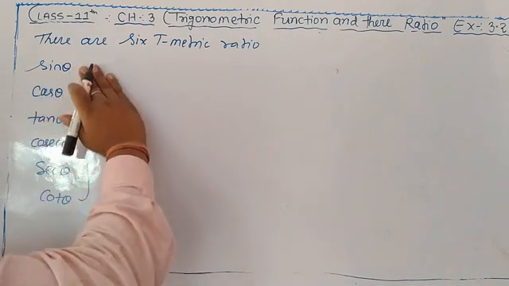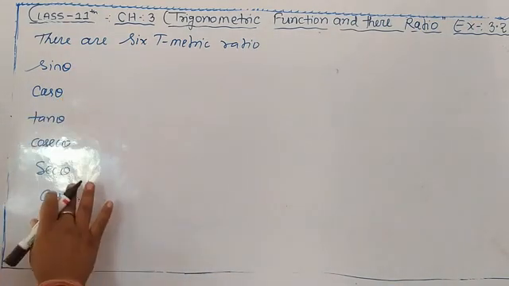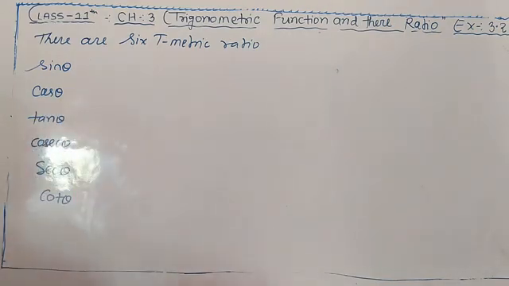Sin theta, cos theta, tan theta, cosec theta, sec theta and cot theta are the 6 trigonometric ratios.